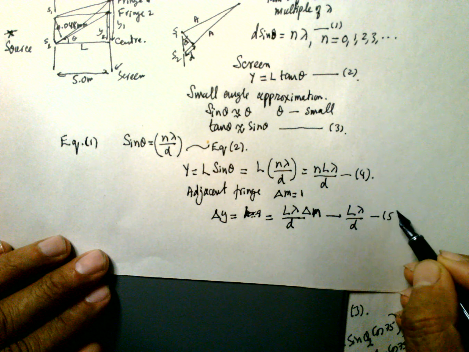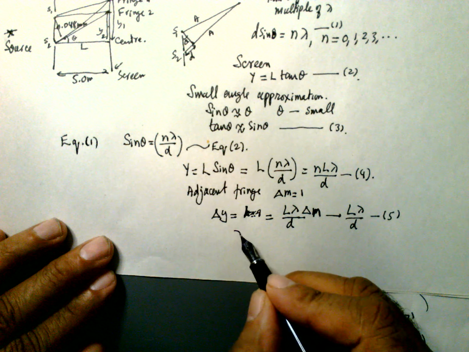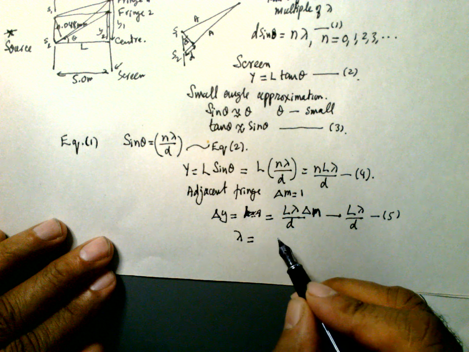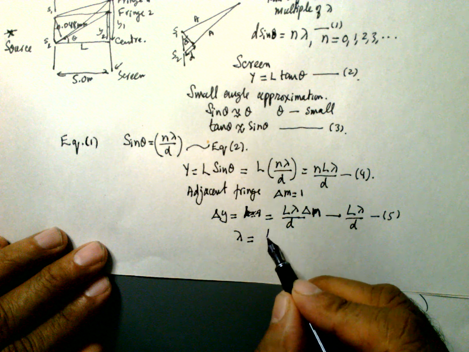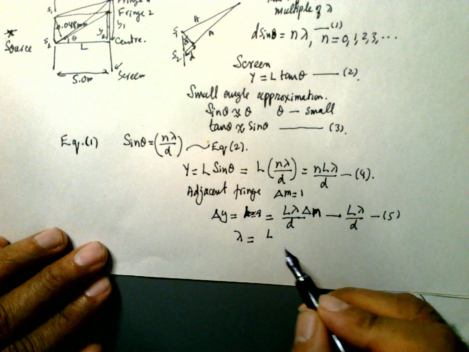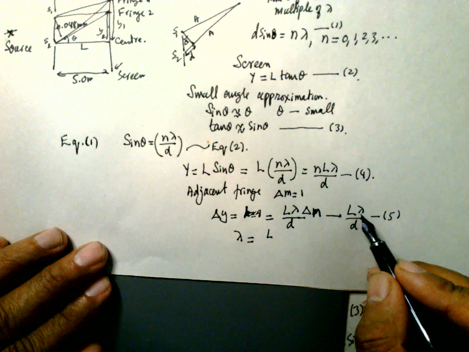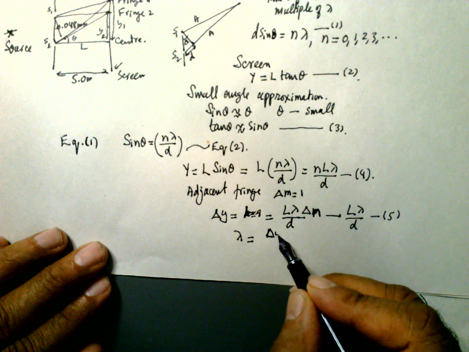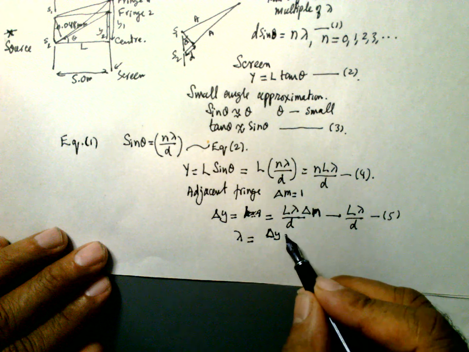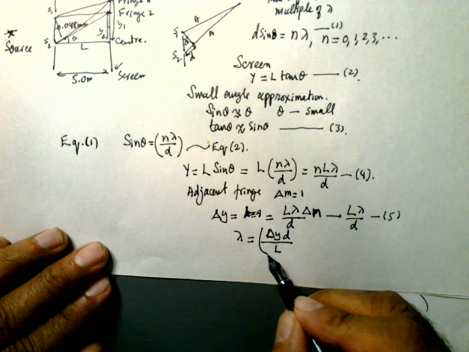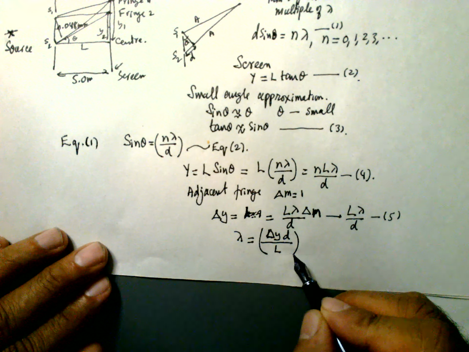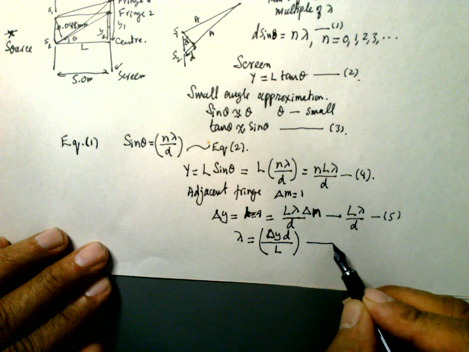This is equation 5. So from here, lambda is equal to delta y d over L. This is equation 6.